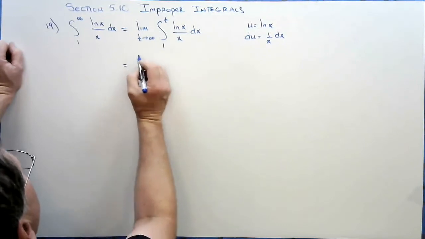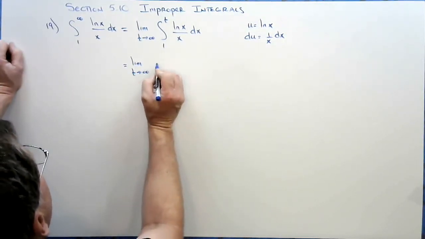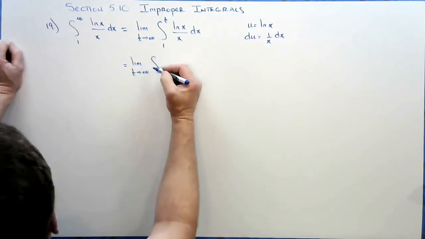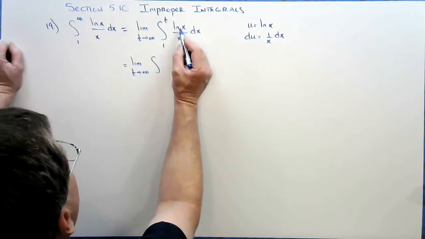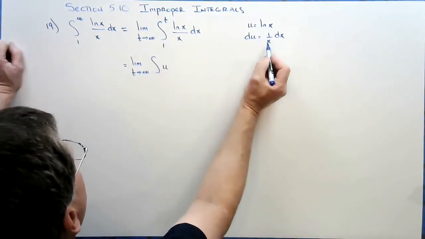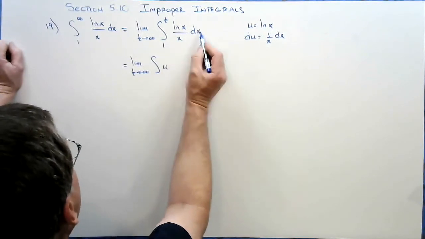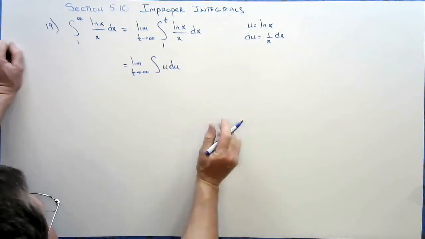So this integral is going to be the limit as t approaches infinity, the integral, no bounds because we're going to do a u substitution. The natural log of x is u. 1 over x, which is what we have right here, dx, that's du. So we end up with the integral of u du.